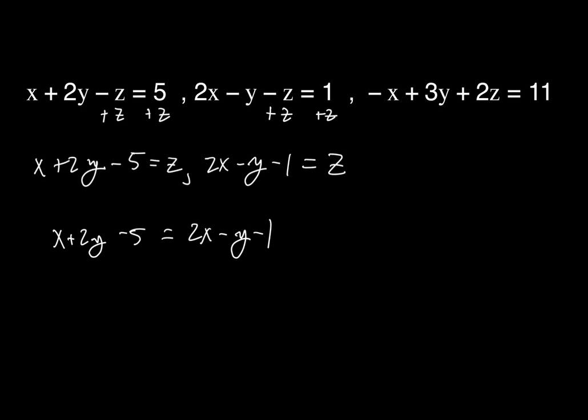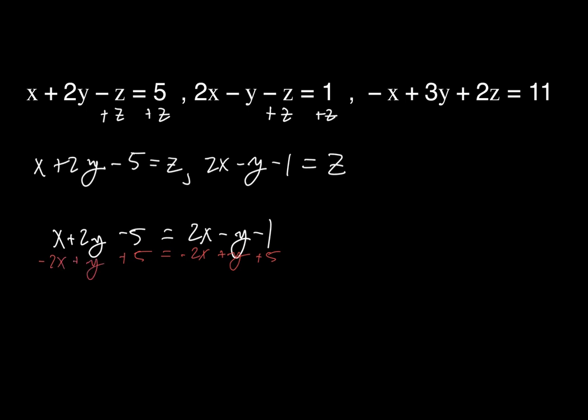And as is the case in all these three equations, I have all the variables on the left and all the numbers on the right. So I'm going to take this and move all my variables to one side. Subtract 2x and add y and add 5. Subtract 2x, add a y.